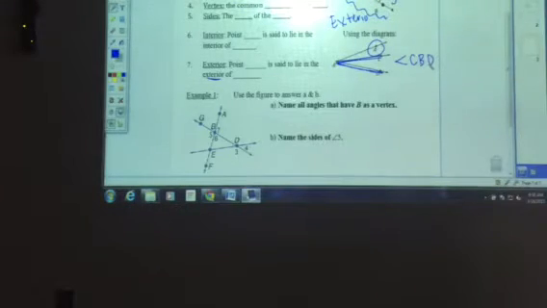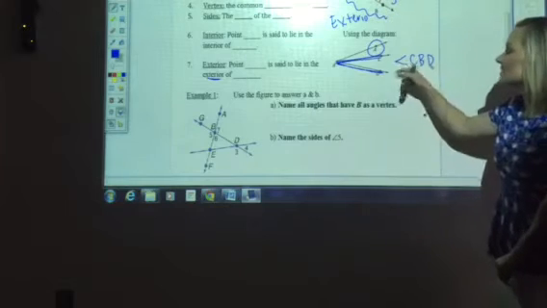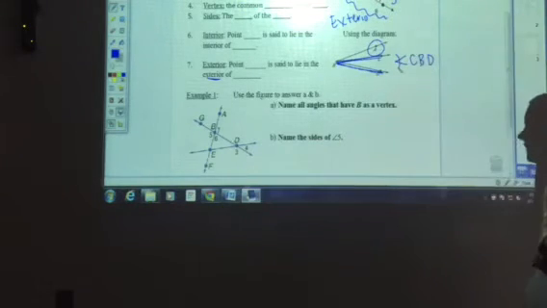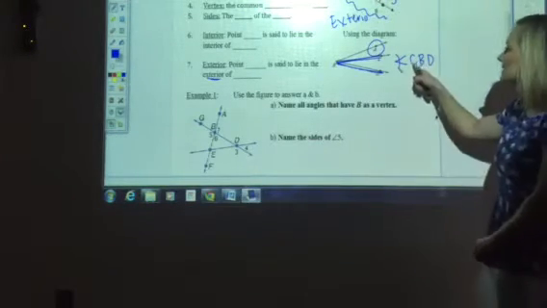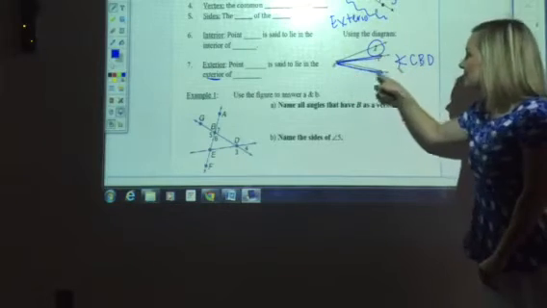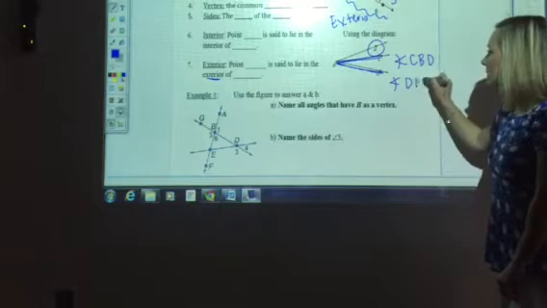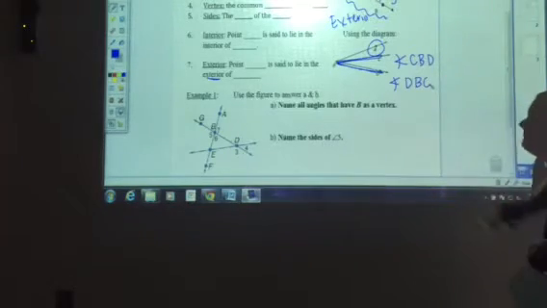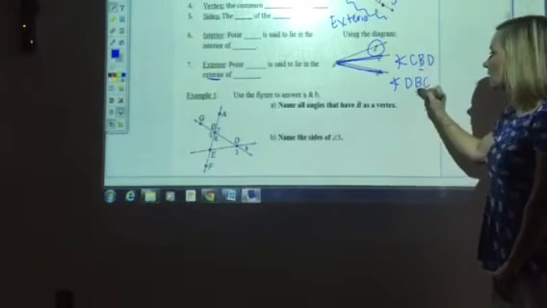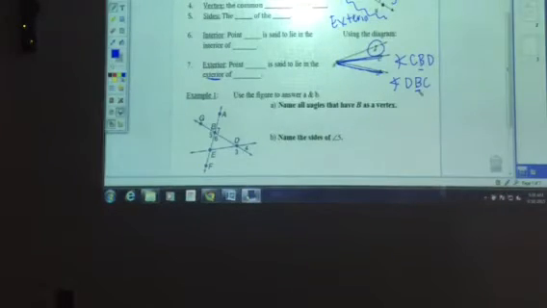I use my angle symbol, and sometimes you can see it written that way as well. It doesn't matter if I call this CBD or angle DBC. You have to make sure that your vertex is in the middle.